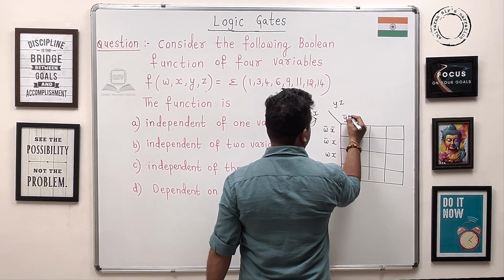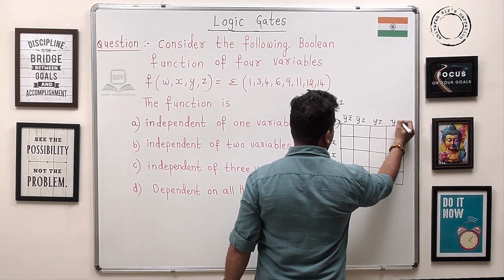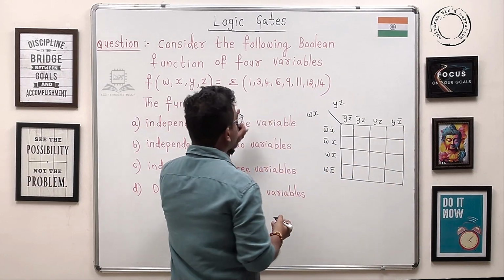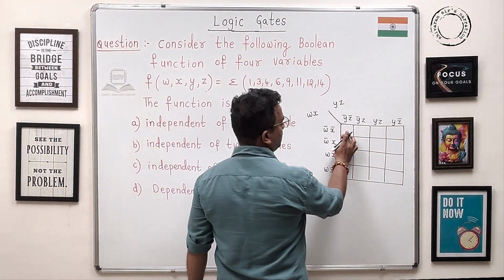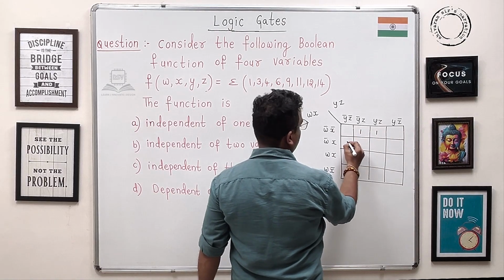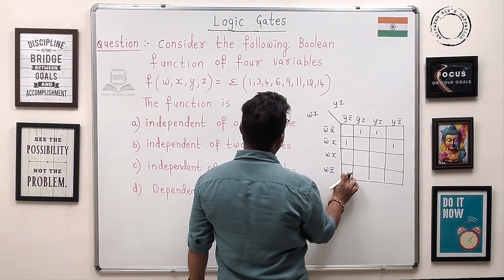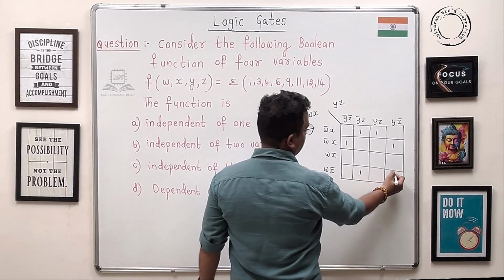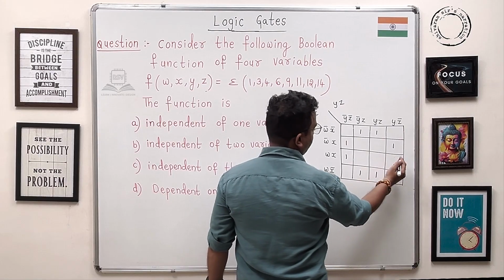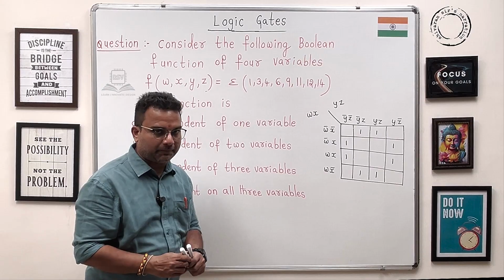Similarly, Y bar Z bar, Y bar Z, Yz, Yz bar. Now as per the numbers, this is 0, 1, 2, 3, 4, 5, 6, 7, 8, 9, 10, 11, 12, 13, 14.